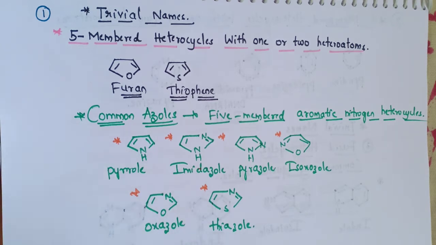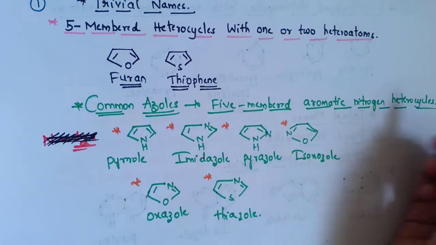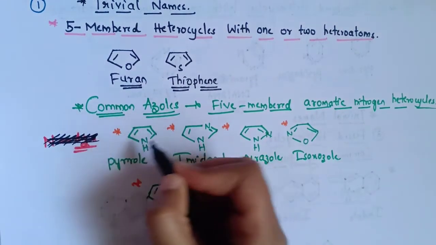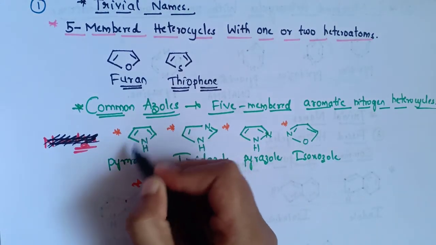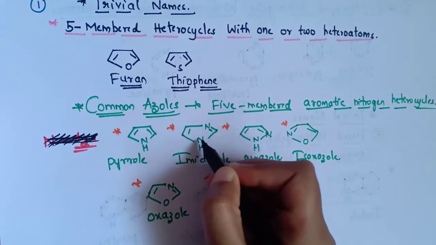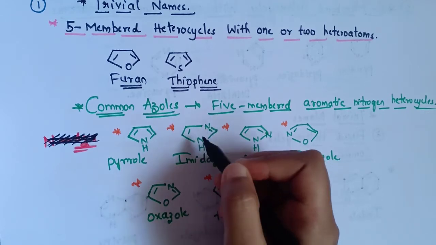Now let's see about these common azoles. Let's study the 5-membered aromatic nitrogen heterocycles. Here it is pyrrole, a 5-membered ring where one of the carbons is replaced by nitrogen. It is called pyrrole. Here it is imidazole; here NH is present and here the nitrogen is present.